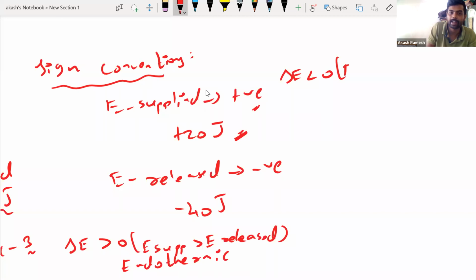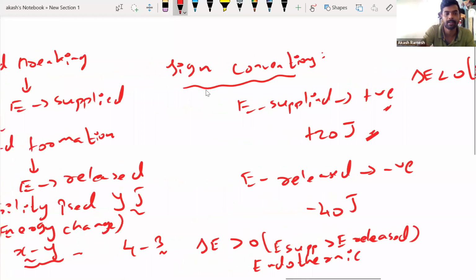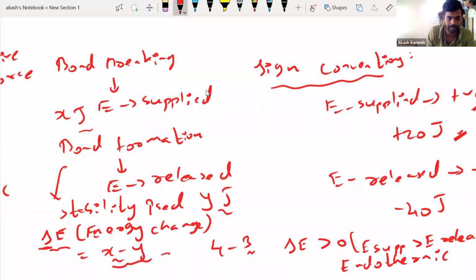That means energy released will be greater than energy supplied. And obviously this will happen if the Y value here is going to be greater. That means the energy released during the bond formation processes is greater than the energy supplied during the bond breaking processes.